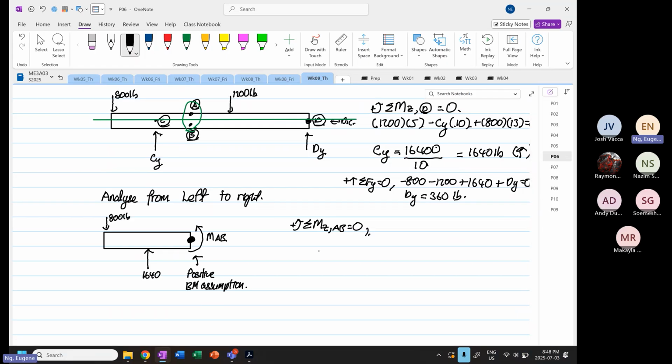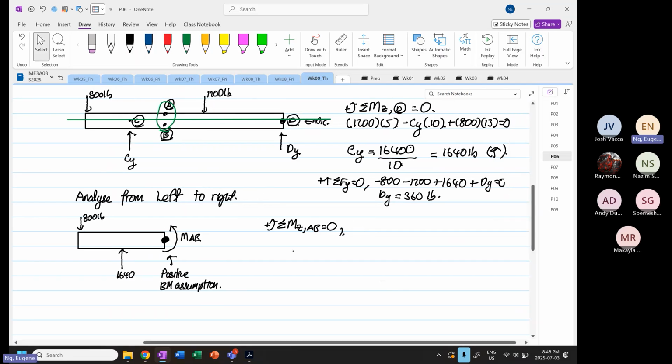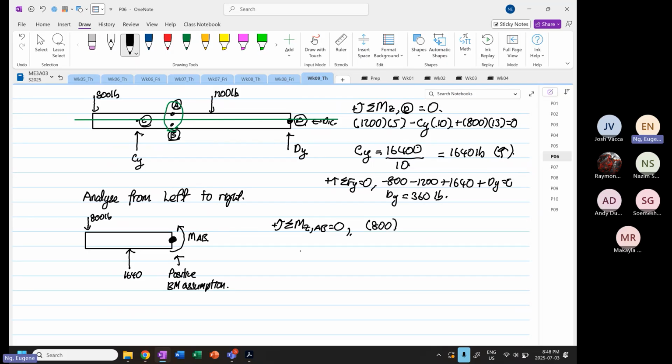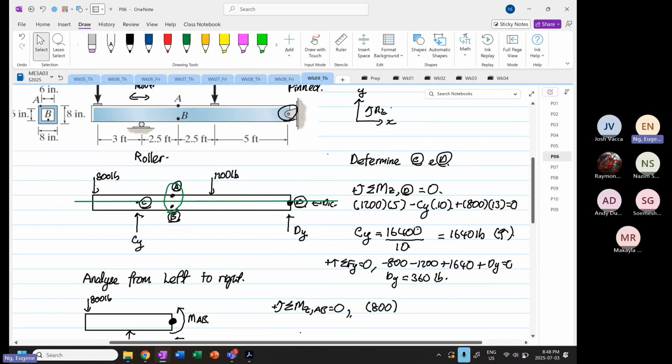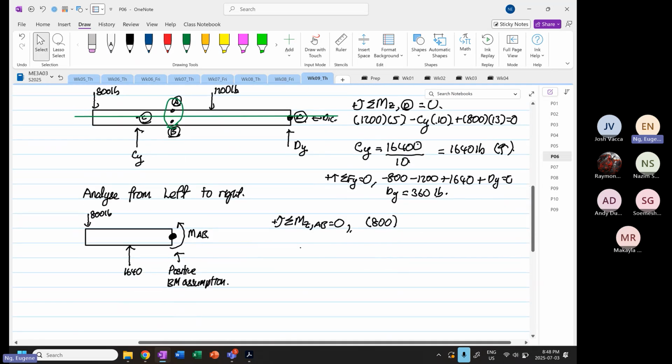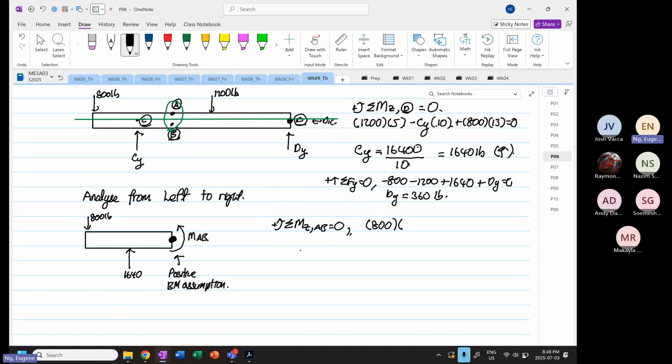So from here, right, the 800 is doing the anti-clockwise at the black dot, okay? So anti-clockwise 800, and the distance is what? The distance is 3 plus 2.5, 5.5. And then now I have to convert this to inches.